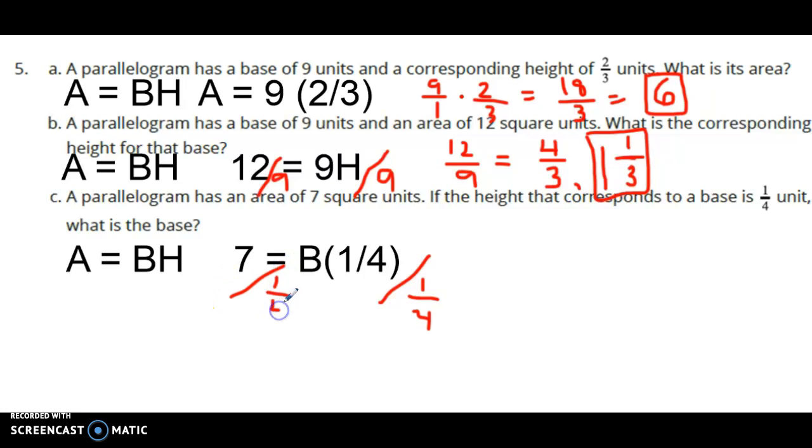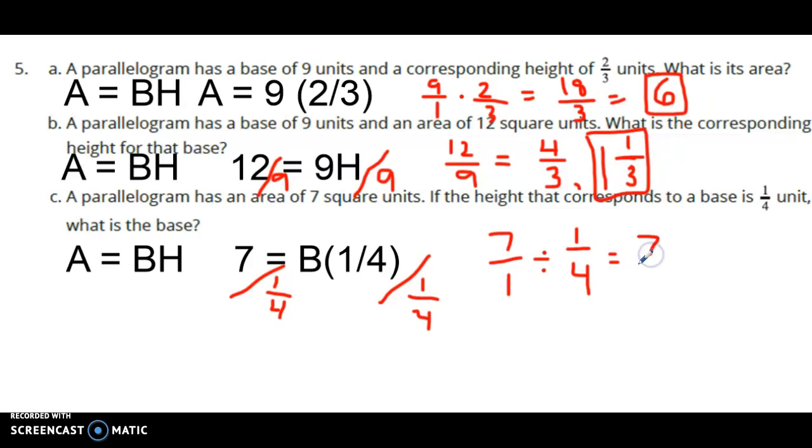Now here I have something kind of tricky going on. I have 7, which I can write as 7 over 1, divided by 1/4. When I have division of fractions, I know that I need to do keep, change, flip.